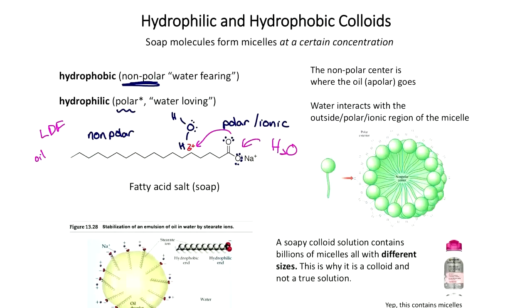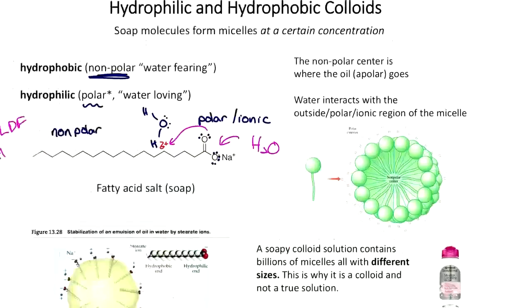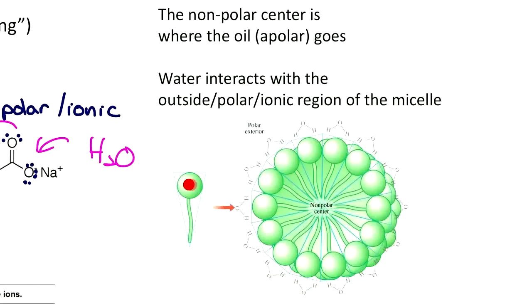Okay, so how do colloids come into this? At a certain concentration, if you have a lot of soap molecules, here's a cartoon version of this where you have the polar end of soap and then the non-polar end over here. At a certain concentration, all of the non-polar tails tend to aggregate with one another, leaving the polar heads on the outside.